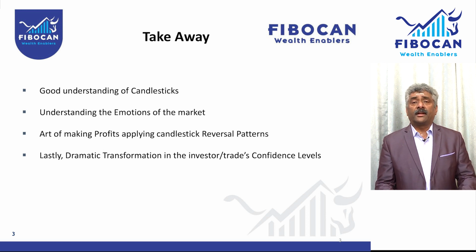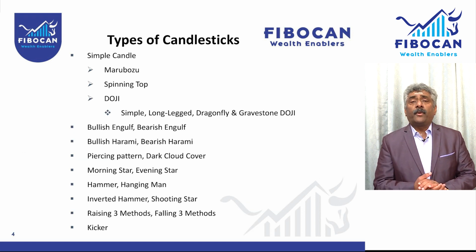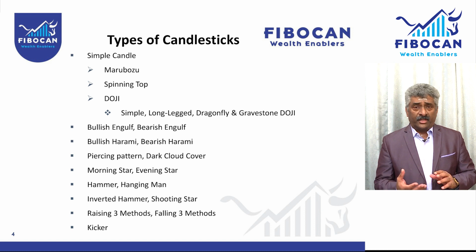Let's straight away go into candlesticks. Slide 4, candlesticks. What are the various types of candlesticks? We will see first all the various types, then we will discuss each of the candlesticks. Simple candle. Within simple candle, we have Marubozu, spinning top and doji. Within doji, we have simple long leg doji, dragonfly doji and gravestone doji.